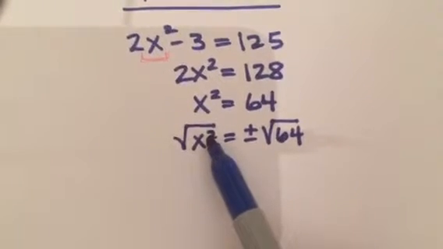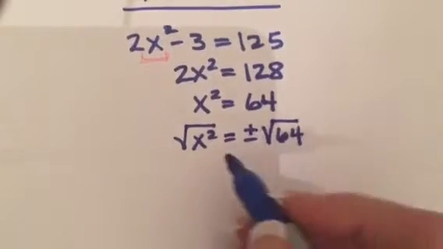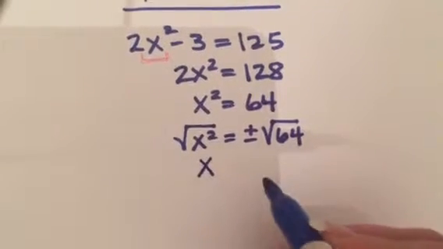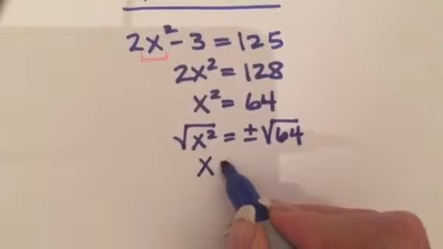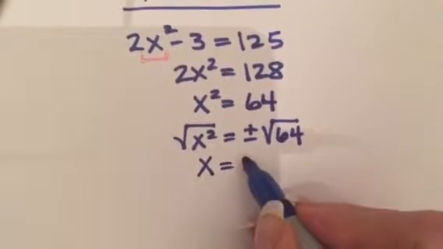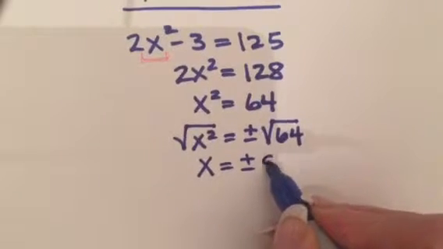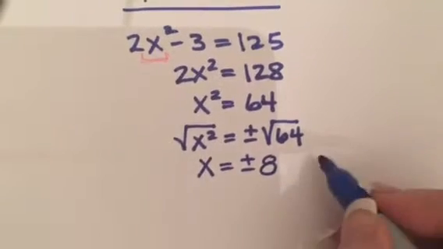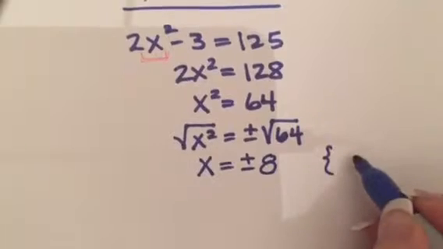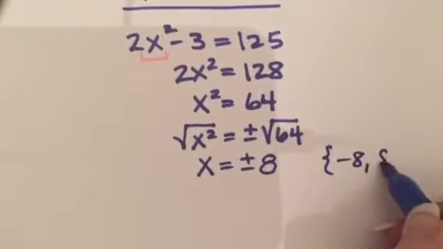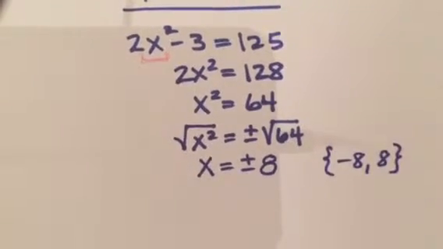The square root of an expression being squared just cancels those. Those are inverse operations. And we're left with our solution. x is equal to plus or minus the square root of 64, which we know to be 8. Okay, so our solution set is negative 8 and positive 8. Okay, so there's one example.